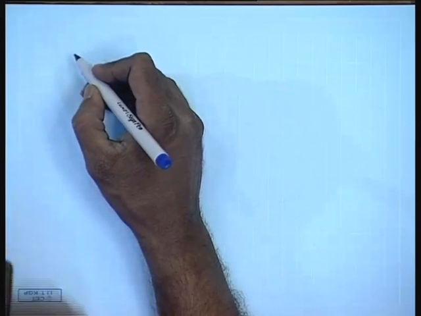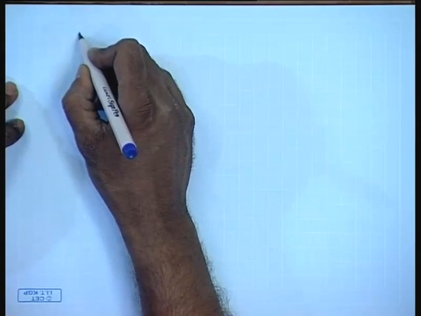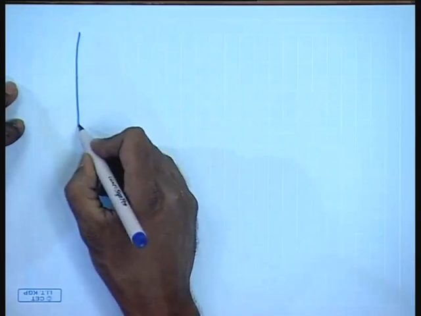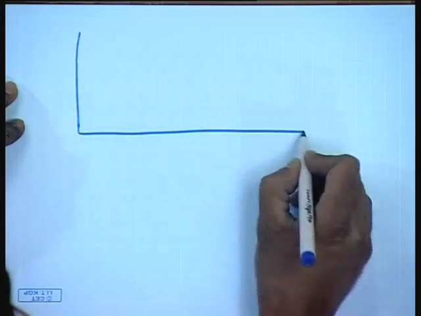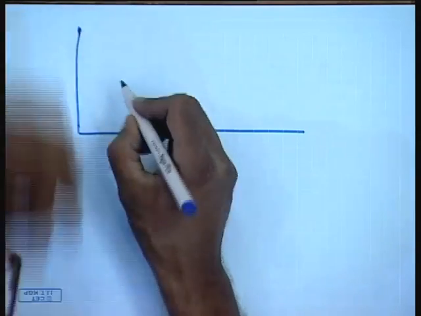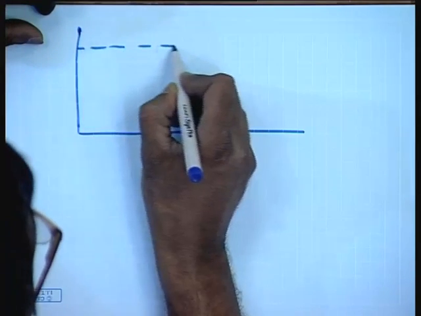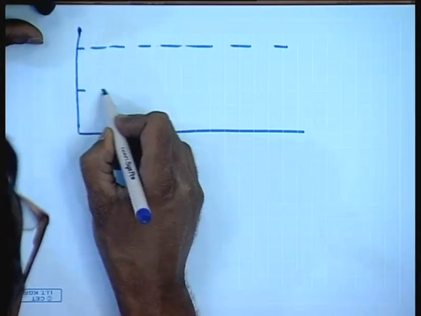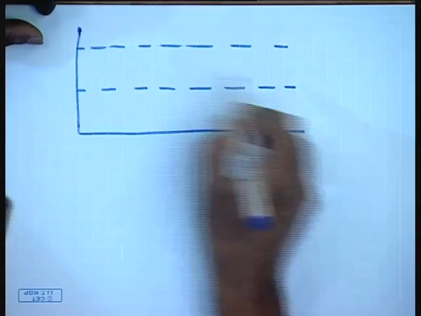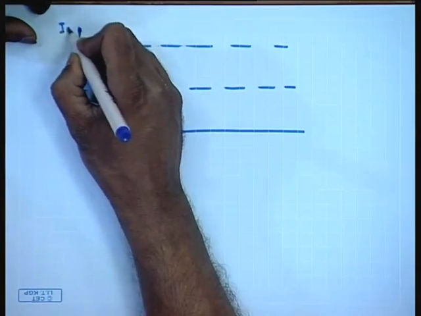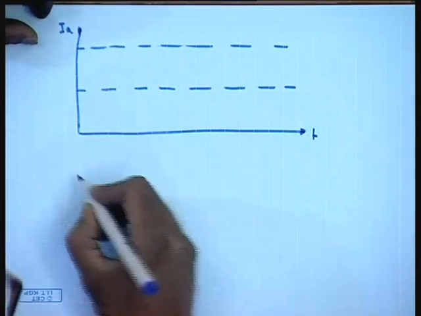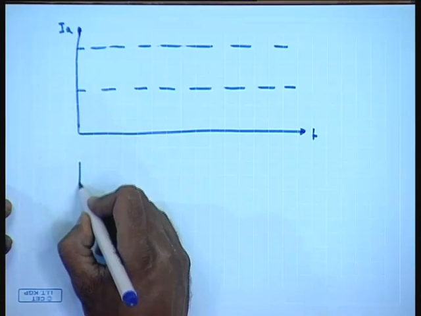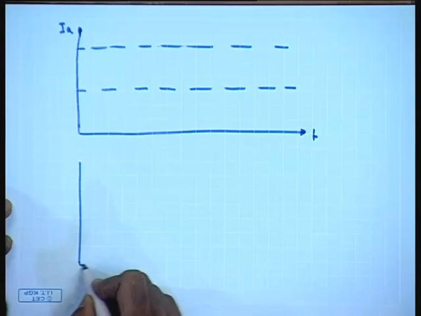Pictorially, the current and speed variation can be represented like this. This is the armature current IA, this is time, and let us say this is how the speed looks like.